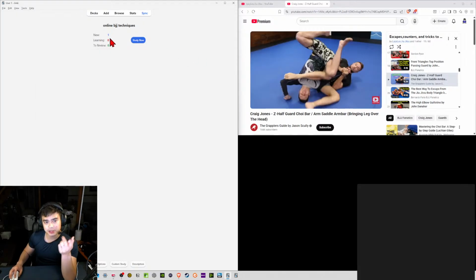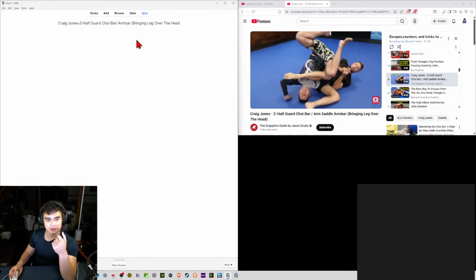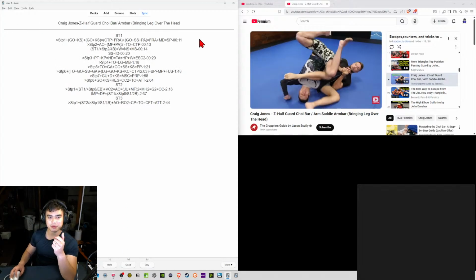Okay, so study now. Whenever this card pops up for review, I immediately reveal the back of the card, not the answer, but the back of the card. Once I reveal it, I immediately start trying to decipher and read the code.